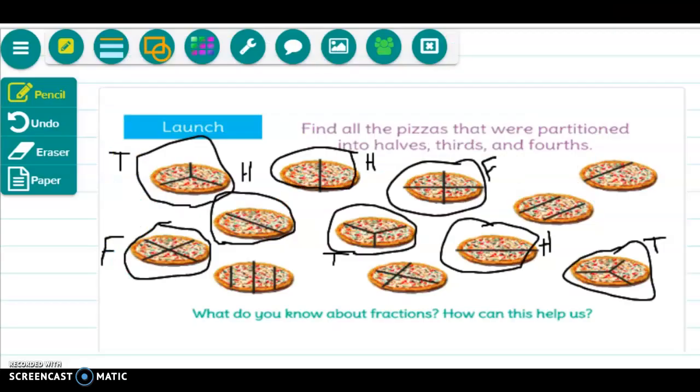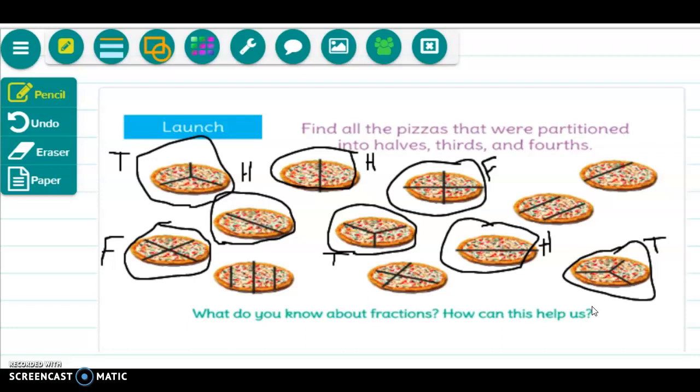All right, here's how I solve the we do. We have this circle, or pizza, all of these pizzas have been partitioned correctly into thirds, halves, and fourths. So you can pause this video and look at what I did to find out how I know that they are partitioned correctly.